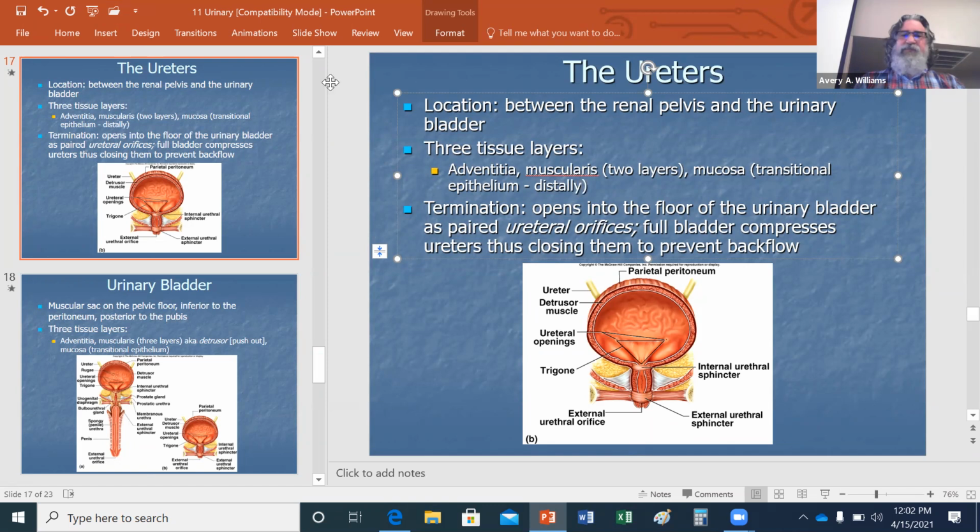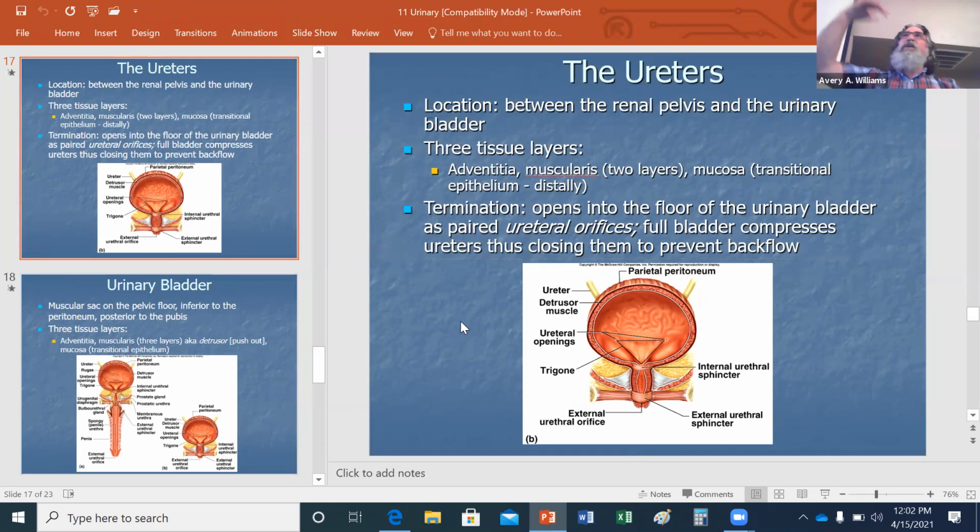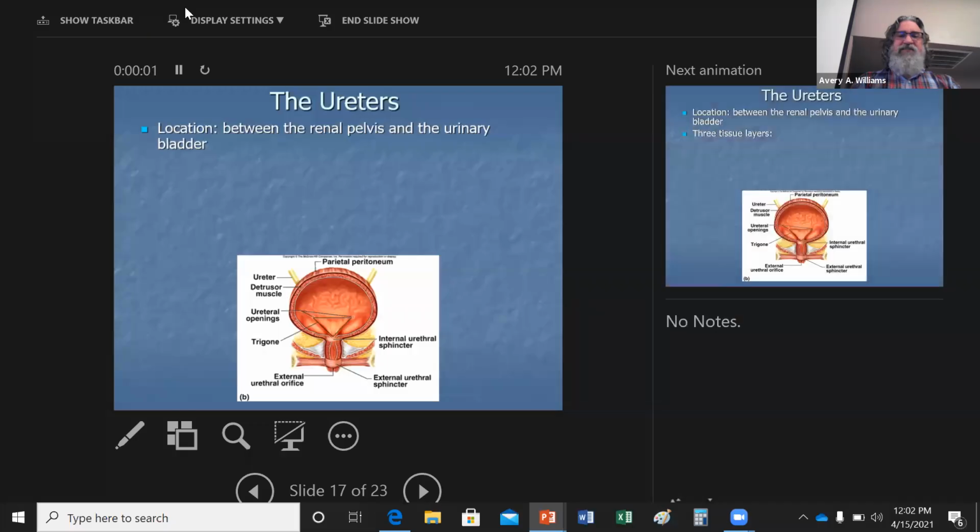I think so. Downstream, because closer to the kidney, it's not transitional. It's only transitional adjacent to the bladder. Anyway, so there I fixed that. It's not fixed on your PowerPoint, it's fixed on mine. So you have to fix that in your notes.